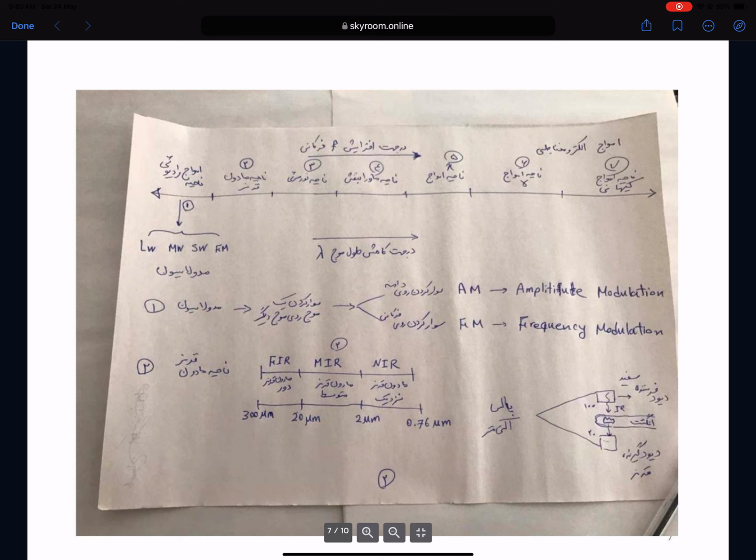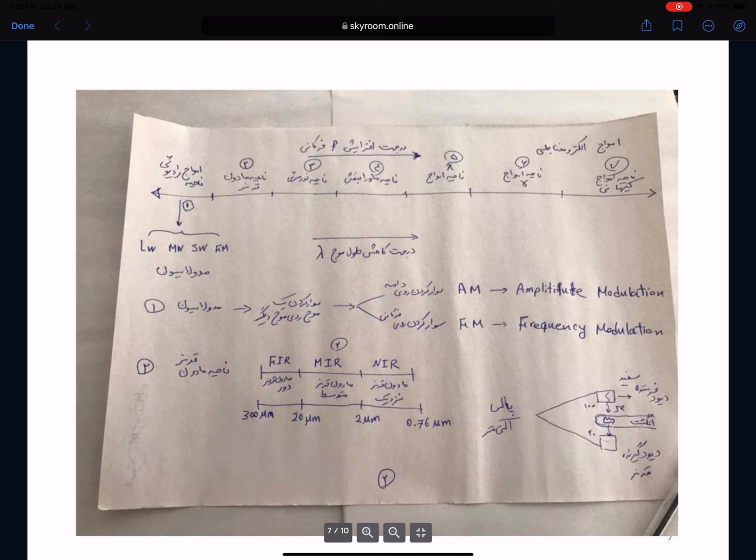Radio frequency itself is divided into 4 categories. Look below region number 1, where I wrote LW, MW, SW, and FM, which means that when we want to use radio frequency, normally we want to use it to transfer sound.